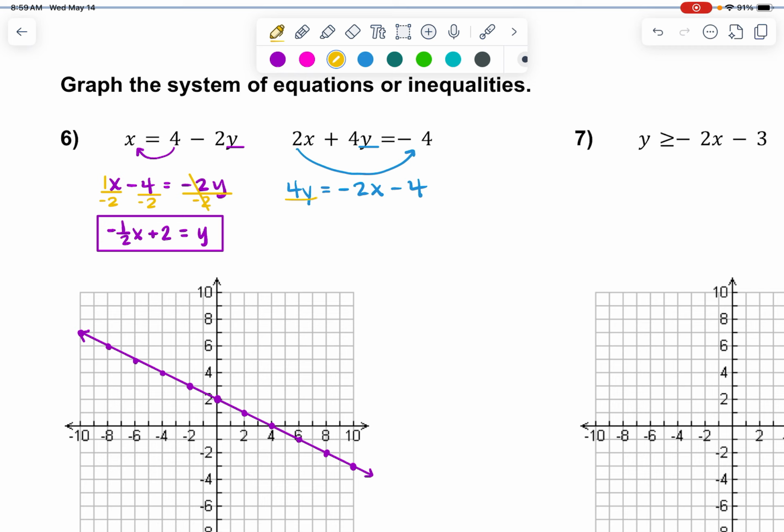And then we want to divide everybody by 4. And of course, these cancel, or they give us 1y, which is exactly what we're looking for. And this is going to reduce to -1/2. Oh goodness, I see what's happening. And then of course, -4 divided by 4 is -1.